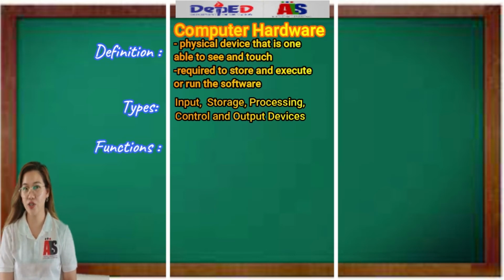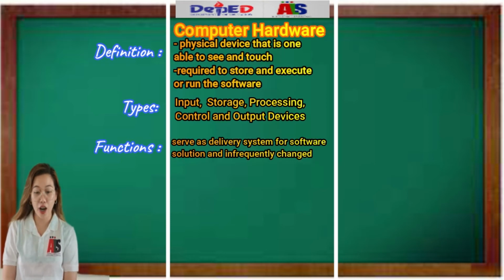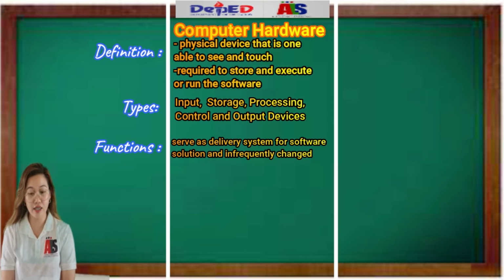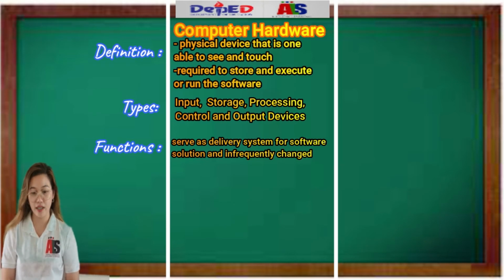Now, what are the functions of computer hardware? Hardware serves as a delivery system for software solutions. The hardware of the computer is infrequently changed, in comparison with software and data, which are soft in the sense that they are readily created, modified, or erased on the computer.